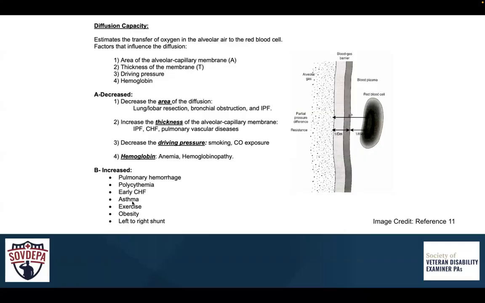In asthma, the DLCO can be high because sometimes there's increased blood flow around the capillaries in the lung, the alveolar capillary area. Obesity also can be associated with a higher DLCO value.